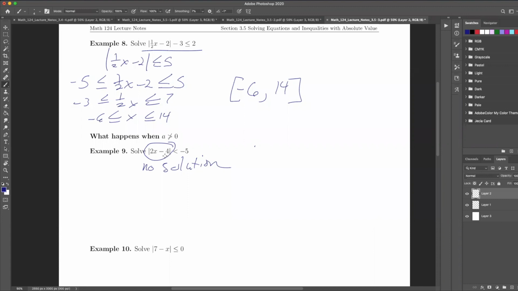So at no point am I going to have a number less than negative 5, right? And so the left side can't be negative. It's strictly positive, so this can never happen.